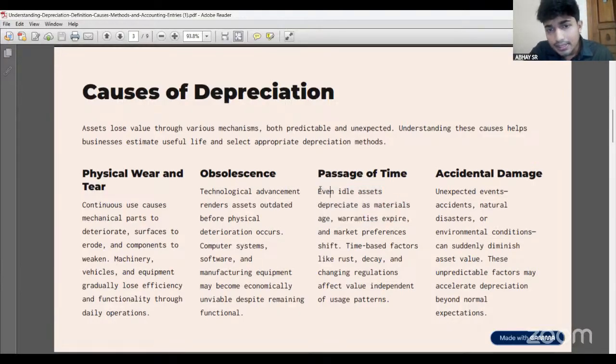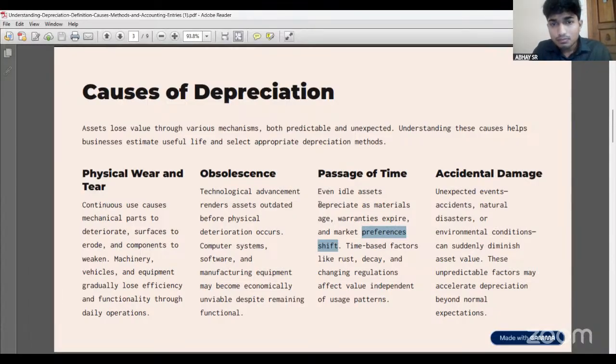So it stays idle. I don't use it, but the materials age, warranties expire, and market preferences shift. Even if I bought this particular iPhone and just kept it there as a boxed piece, would I get the same value as if the phone got released in, I guess, 2017 or something? I won't, right? So even due to passage of time, the loss of value might occur.